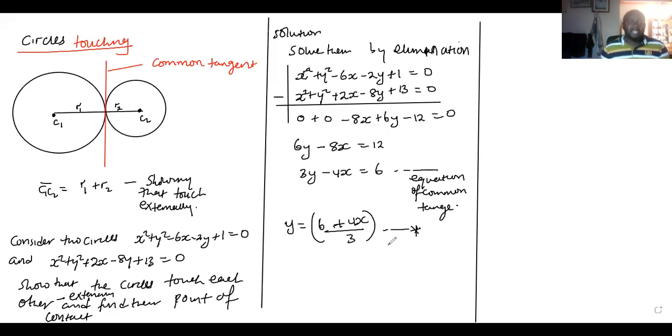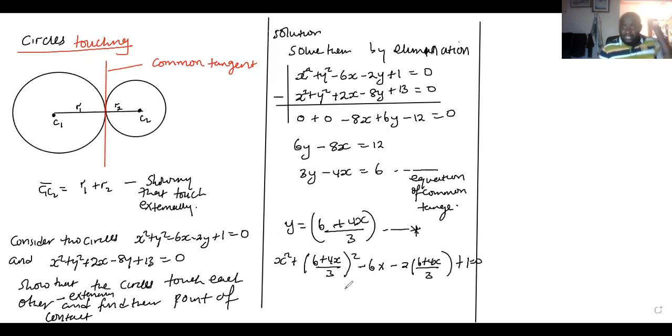Call it equation star. Then substitute star in one of the equations, for example, x squared plus (6 plus 4x over 3) squared minus 6x minus 2 of (6 plus 4x over 3) plus 1 is 0. Then you get an equation in terms of x and solve it quadratically.